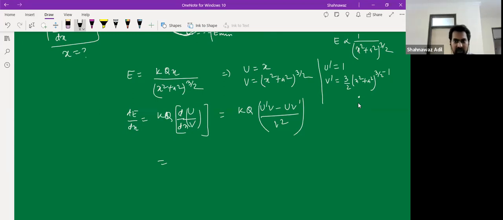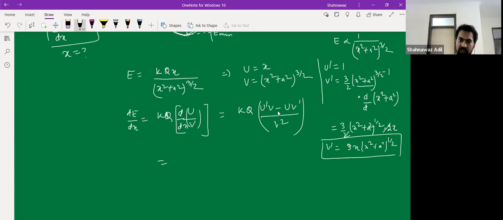Do you remember the differentiation rule? Then we need to take the derivative of whatever function is inside. So this would be 3 by 2, x square plus a square to the power half, and differentiation of this is 2x. So the 2 cancels, and we have 3x times x square plus a square to the power half. Right, guys, so this is v dash.